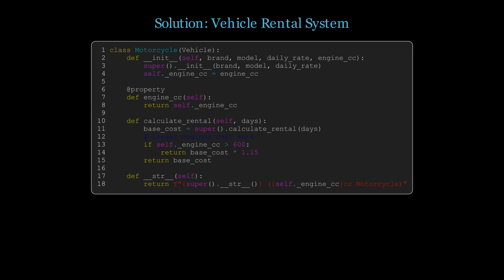Motorcycle also inherits from vehicle and adds engine cc. It overrides calculate_rental with a 15% surcharge for engines over 600 cc. Each vehicle type has its own pricing logic while sharing the base structure. This demonstrates inheritance for specialization.